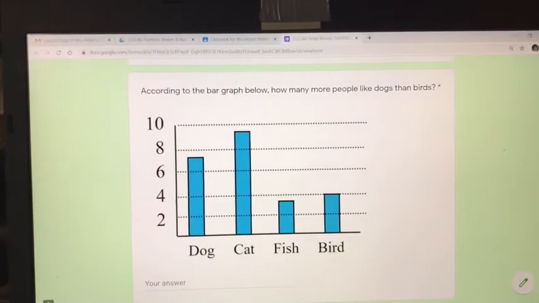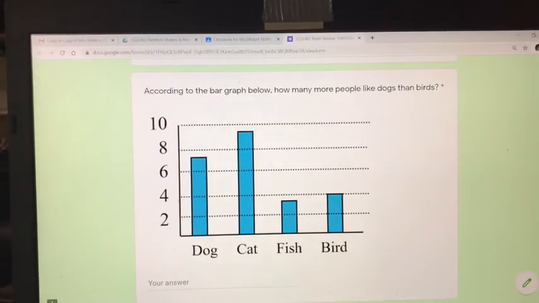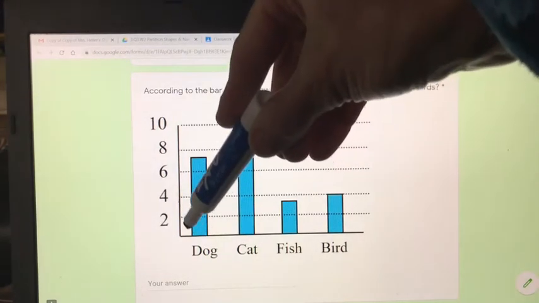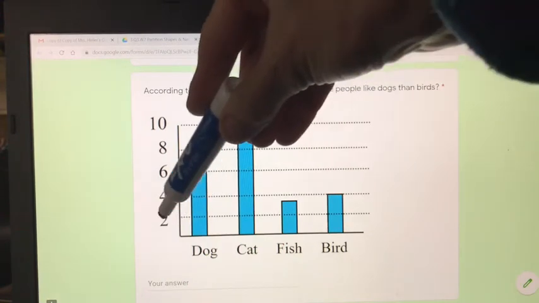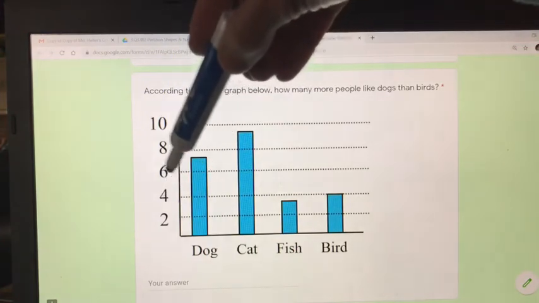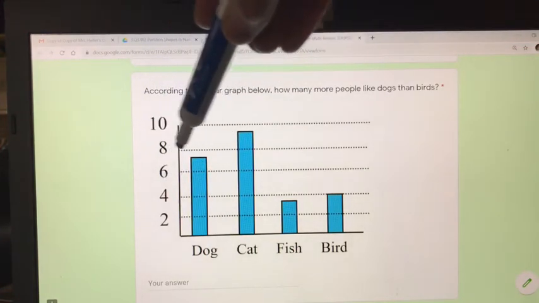The next problem says, according to the bar graph below, how many more people like dogs than birds? So I'm going to focus on those key items, the dogs and birds. So I look at my dogs and my intervals go up by 2, the dotted line, so 2, the next dotted line is 4, the next dotted line is 6 and 8.